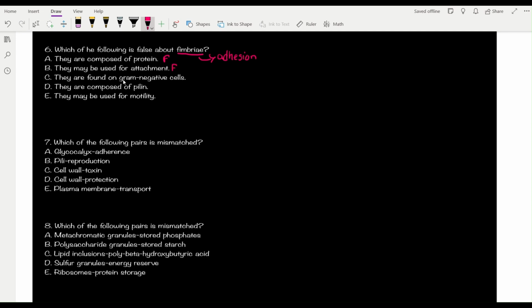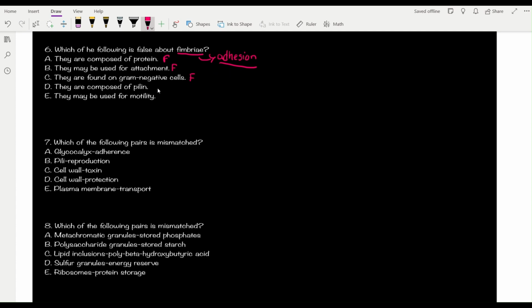They are found on gram-negative cells. That is true. They are composed of pilin. The last two that we have are they are composed of pilin and they may be used for motility. Well, we already said that it's made for adhesion.